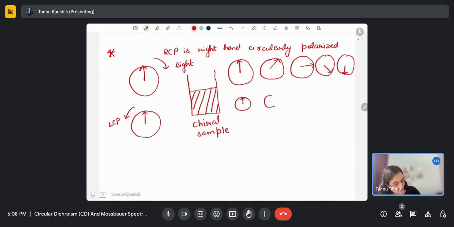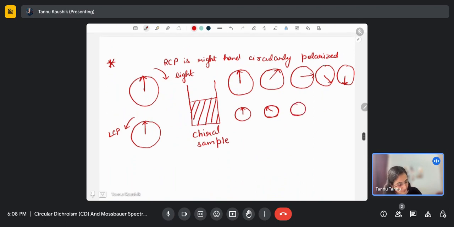So the resultants are optically rotated polarized lights, but also with a decrease in the absorbance. So here we can say that absorbance of the left hand circularly polarized light is not equal to absorbance of the right hand circularly polarized light.